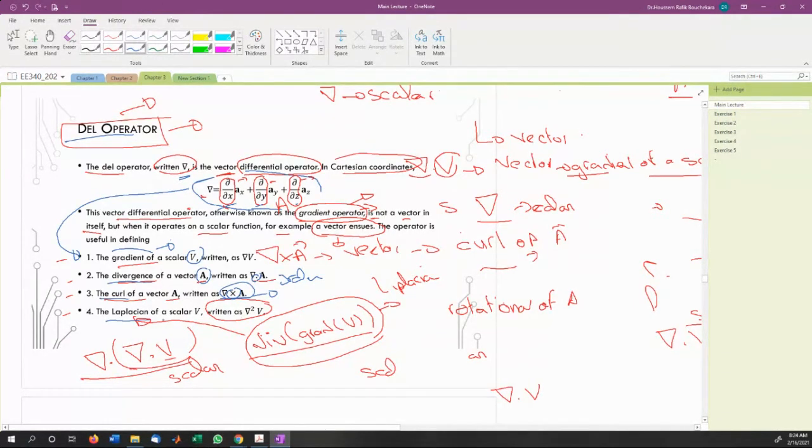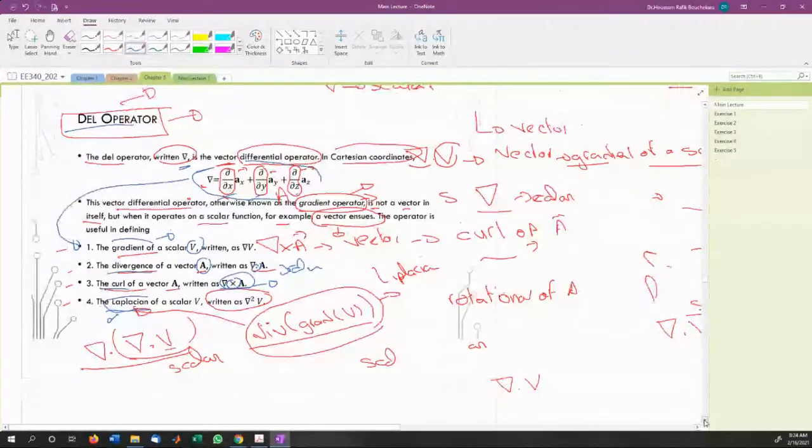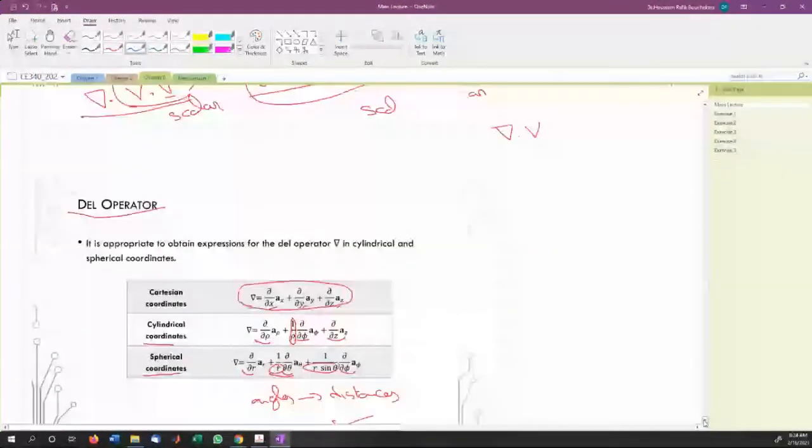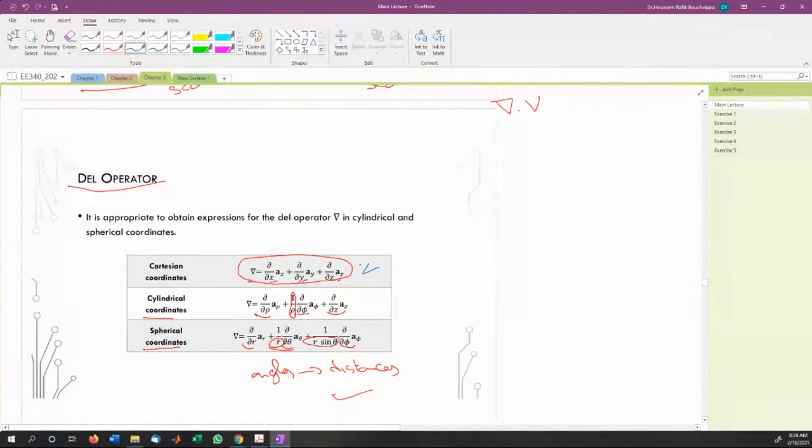وإذا دخلت مرتين اللي هي divergence of grade قلنا نسميها لابلاسيان، والنتيجة تبقى scalar. Okay. These are the expressions of the del operator in the Cartesian coordinate, cylindrical coordinate, and spherical coordinate systems.